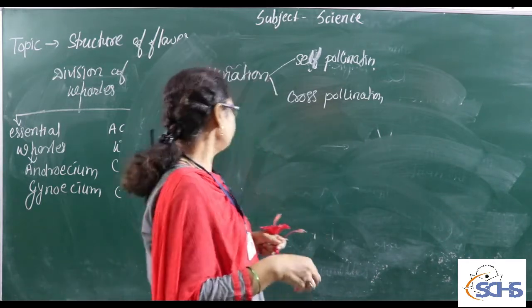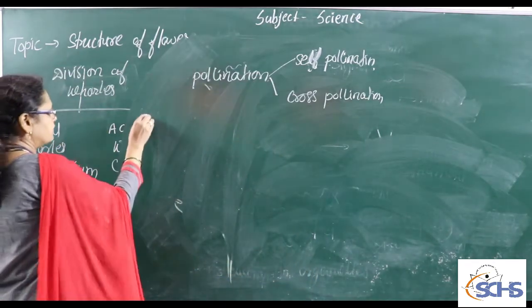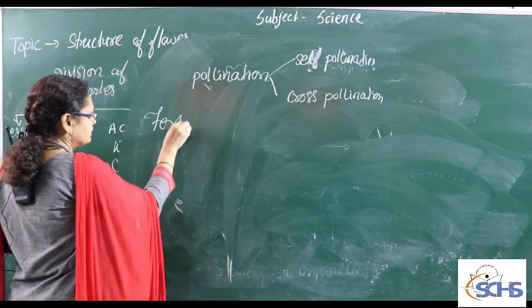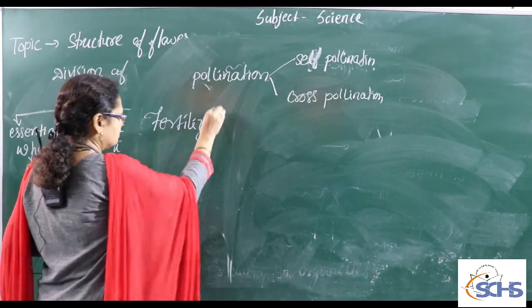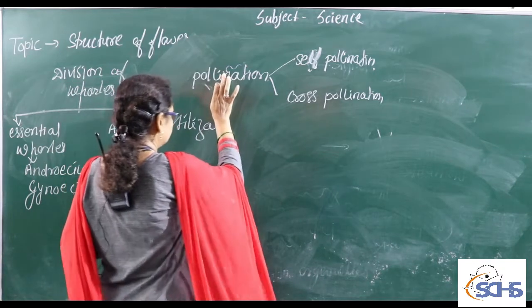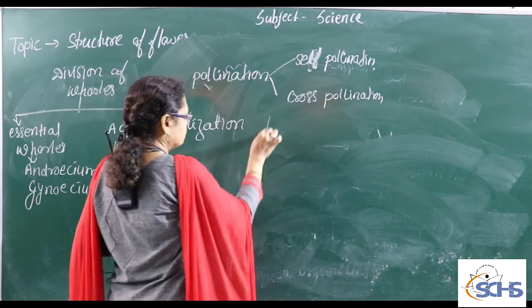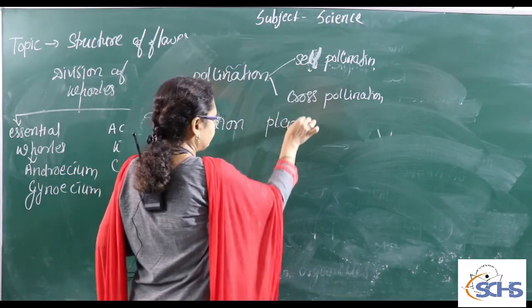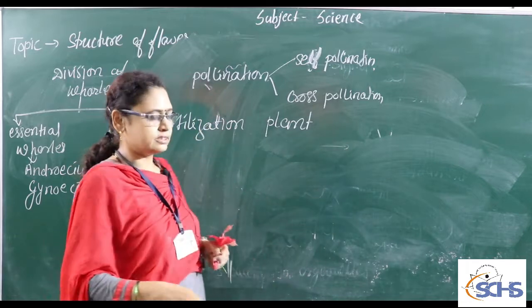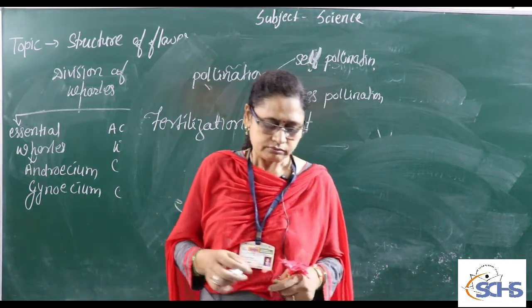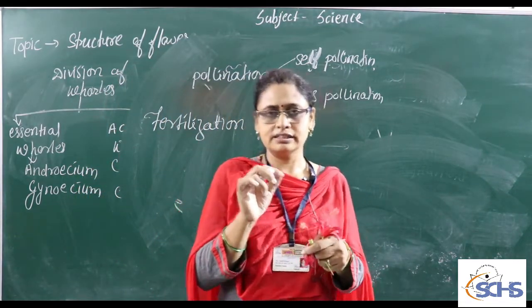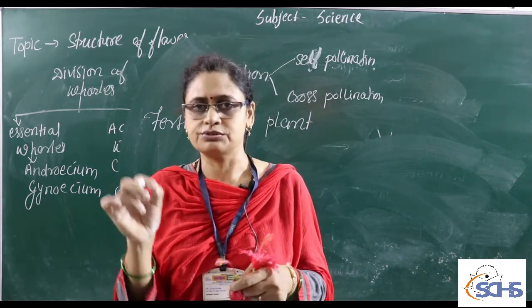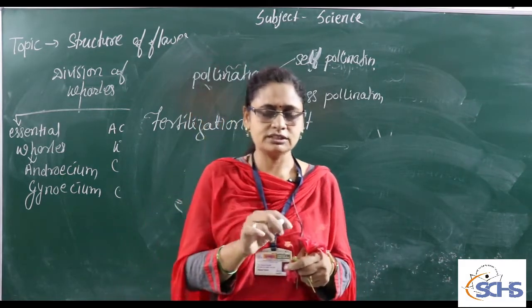Now I will explain the process of fertilization in plants. First of all, the flower is the structural unit of sexual reproduction. What does that mean?